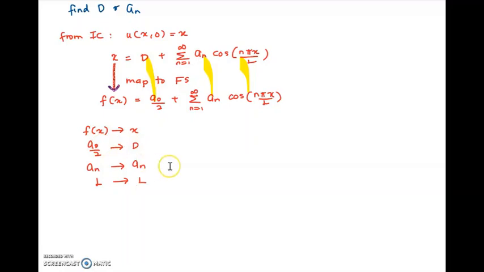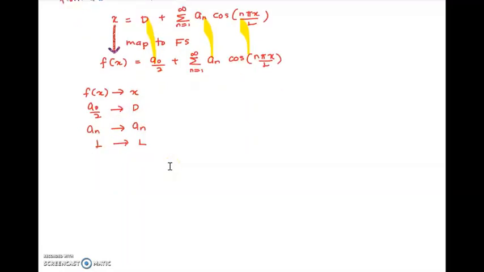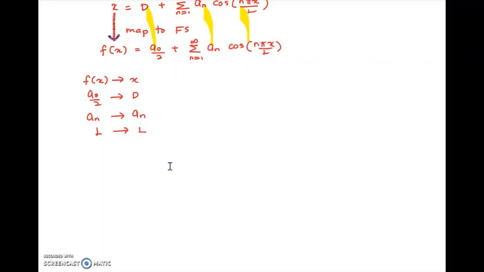So by the Fourier series, what is the formula for the a naught? a naught equals 2 over L, integral from 0 to L, f(x) dx.